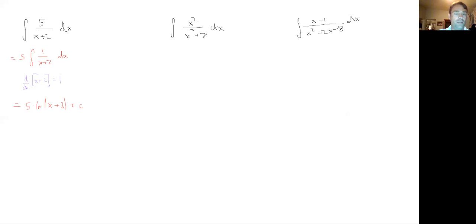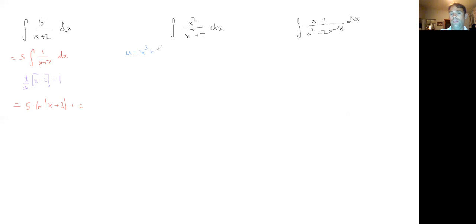x cubed plus 7, well, that doesn't factor, so I can't write that to a power. So this is one of these. If I can't do that, we also want to remember that we're still going to be using our u substitution. That's not going away.